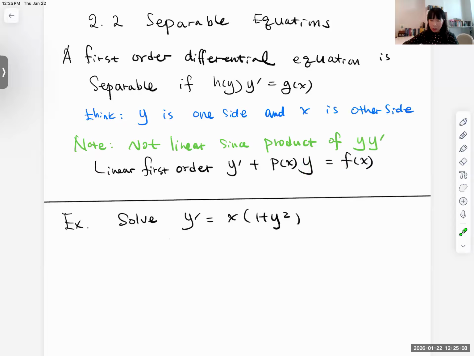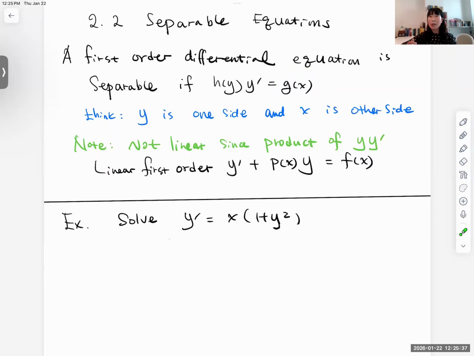So we call this not linear, because of the product of y and y prime. This is a function in terms of y, and this is a function in terms of x. So think of y on one side and x on the other side.